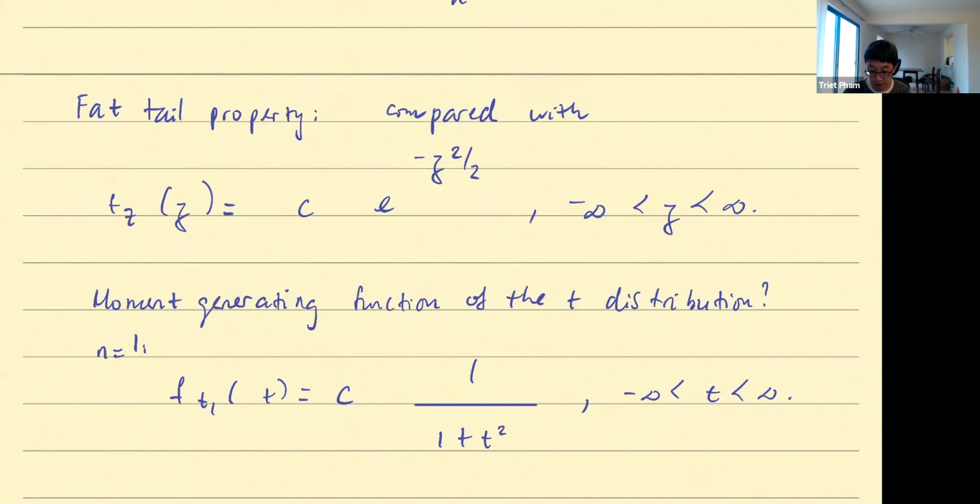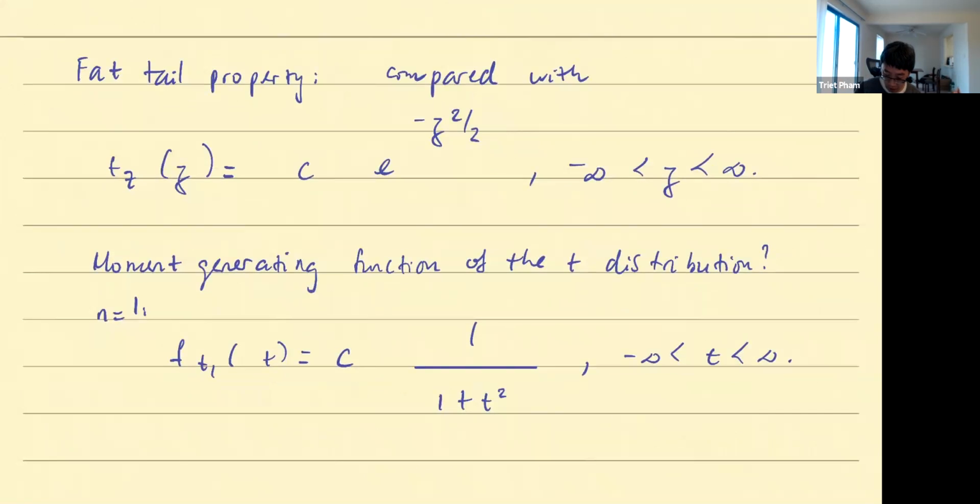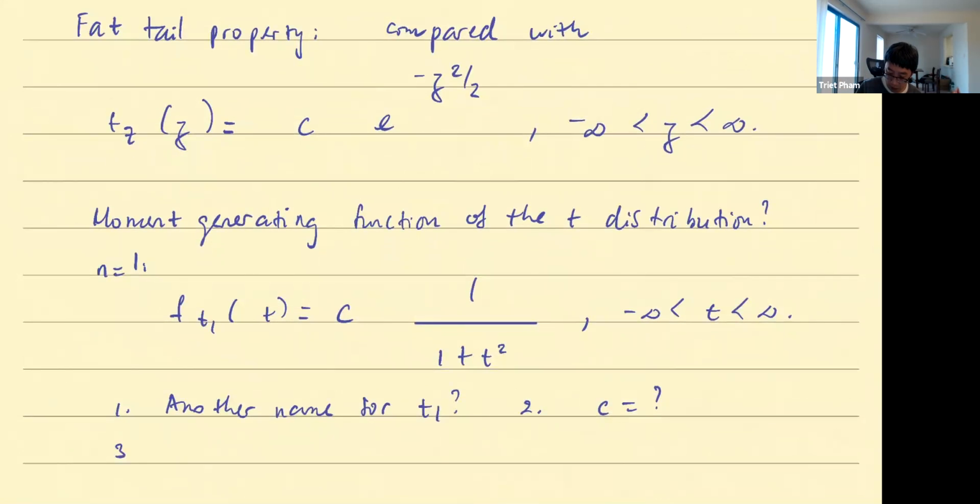And also maybe three questions. One, another name for T1. Two, what is C? Three, you know another name for it, so what is the expectation? So this is kind of testing your probabilistic knowledge.